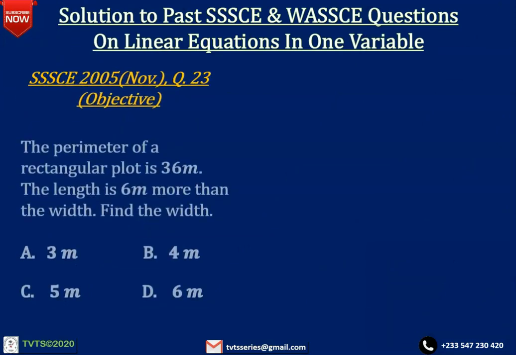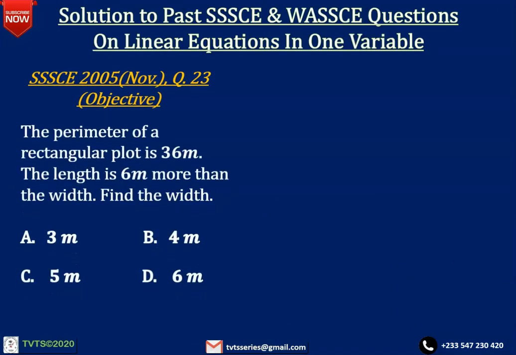Objective question 23 of SSSCE 2005, NOVDEC. The perimeter of a rectangular plot is 36 meters. The length is 6 meters more than the width. Find the width.